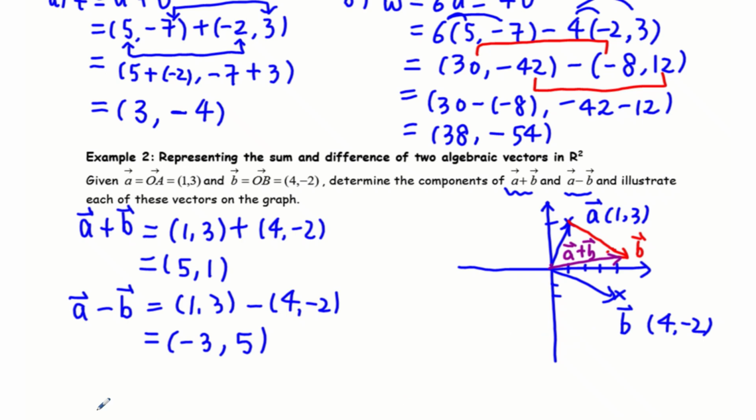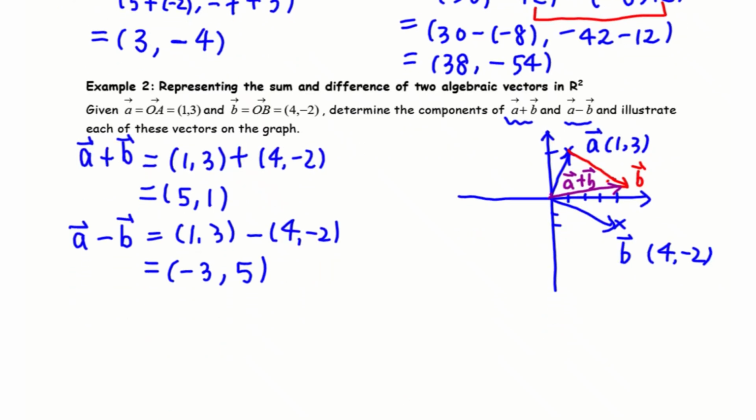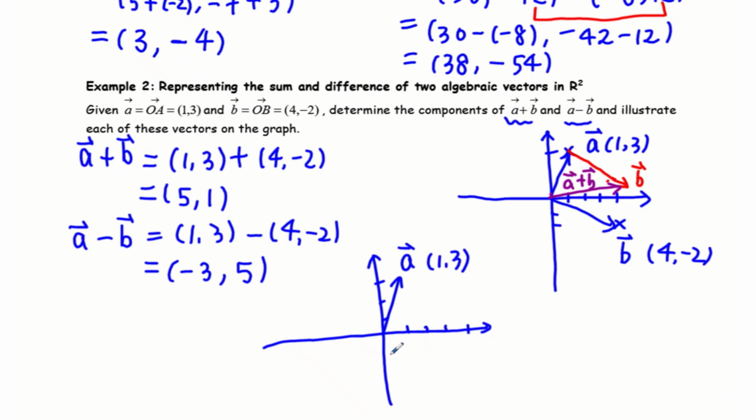And we are going to draw another graph again, sketch it. So for the minus, this is 1, 2, 3, 1. This is our A. B is 1, 2, 3, 4, 1, 2. And this time it asks you for minus B. So minus B we know is just the opposite direction.